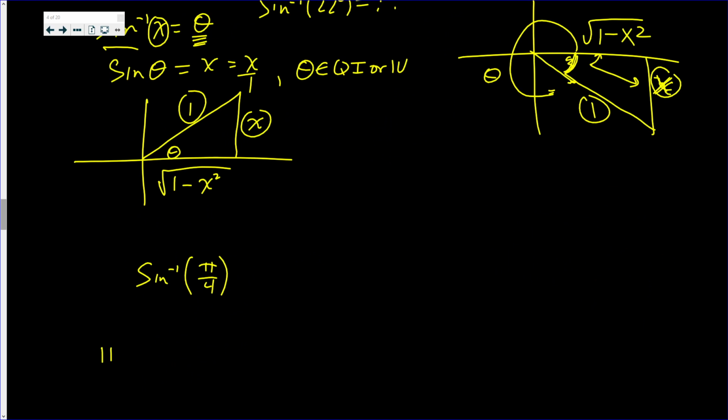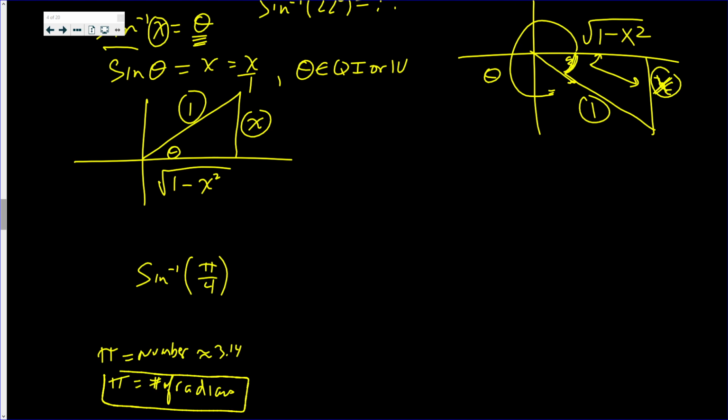See, pi, it's a number. It's about 3.14. And pi is also a number of radians. If we're talking about an angle, then pi is our number of radians, pi radians.